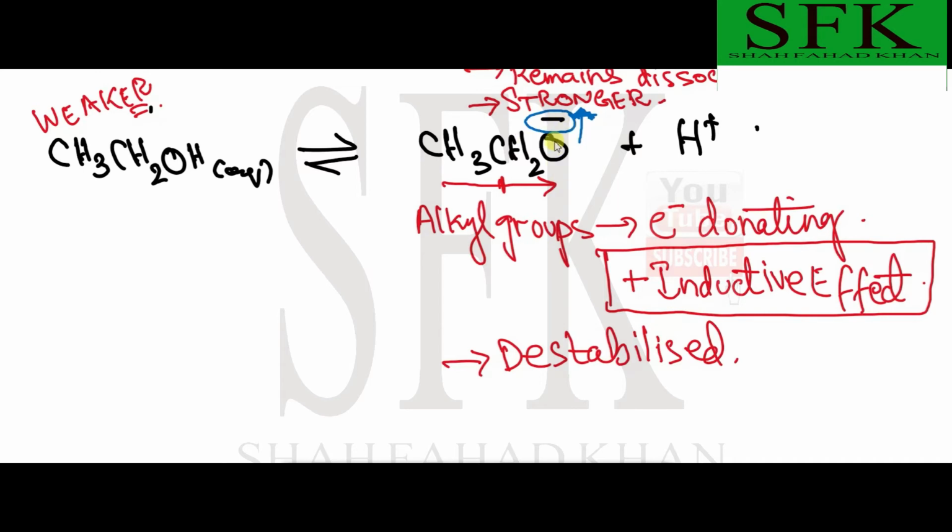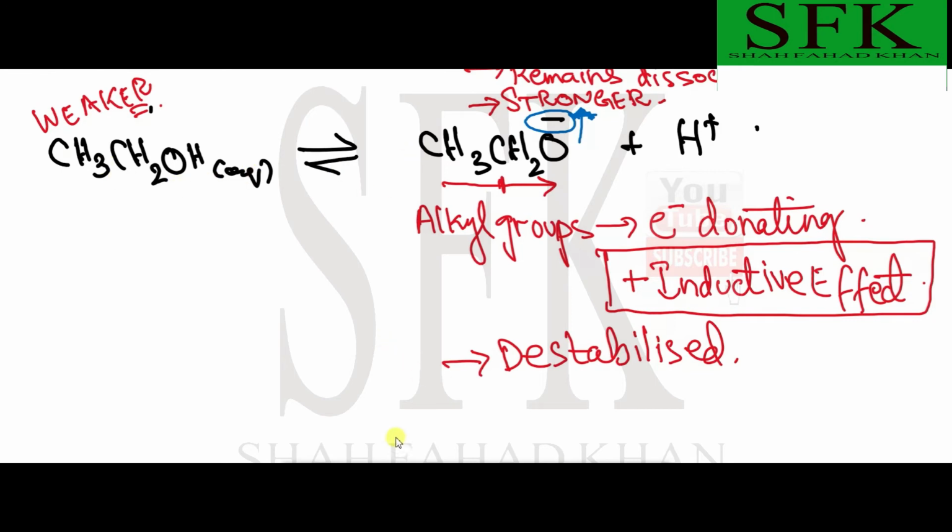And as the negative charge increases, it is more likely to accept the proton because the opposite charges would attract each other. This negatively charged ethoxide ion would accept the positively charged H positive ion and will again form the undissociated ethanol molecule.